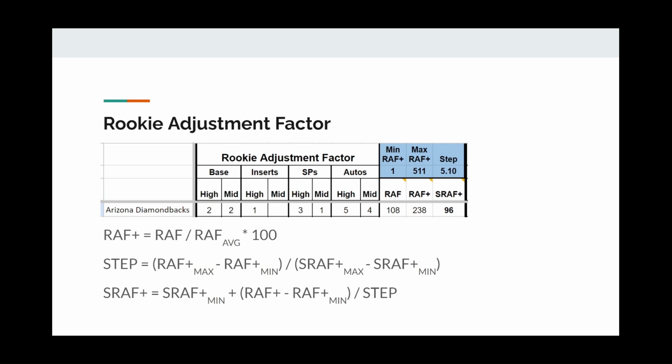So in this case, it's divided by 100. And then to calculate the SRAF plus value, you take whatever your minimum value would be. So in this case, it'd be 50, and then you add that to the RAF plus value minus the minimum RAF plus value divided by the step value.